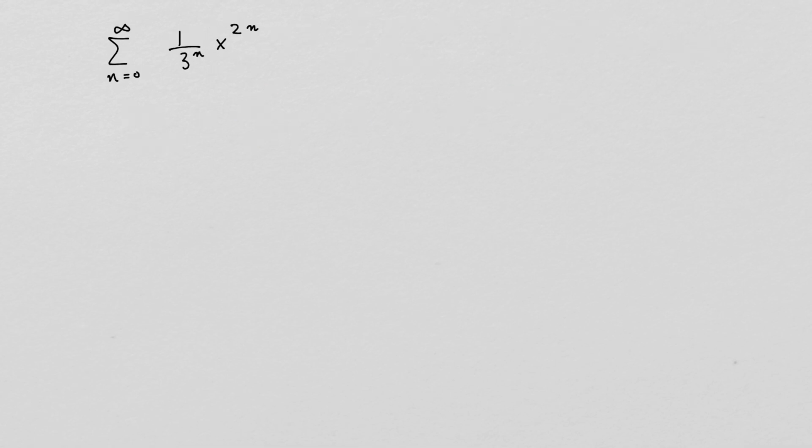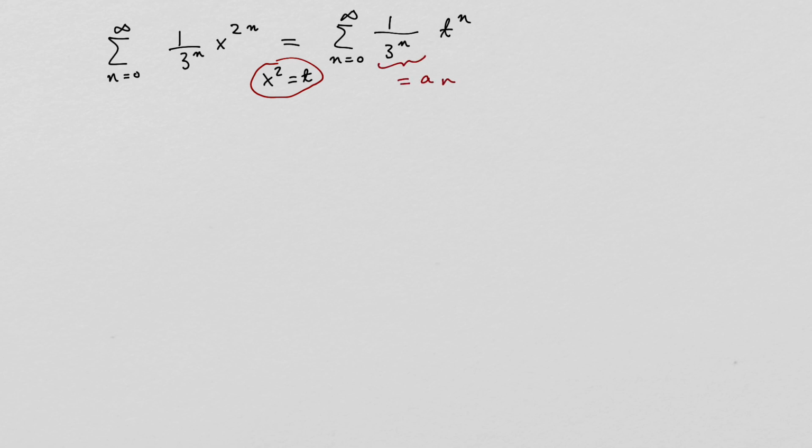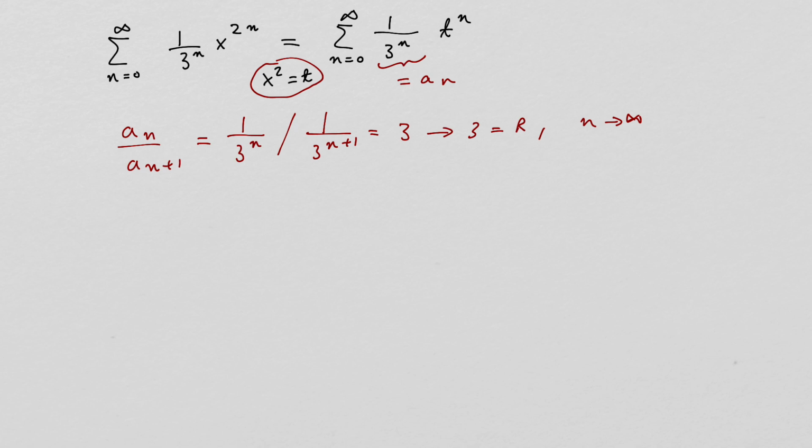We would like to have the radius of convergence for this series, but the power of x is not in the standard form. If we denote x squared to be t, then everything is okay. The radius of convergence for our series is 3.